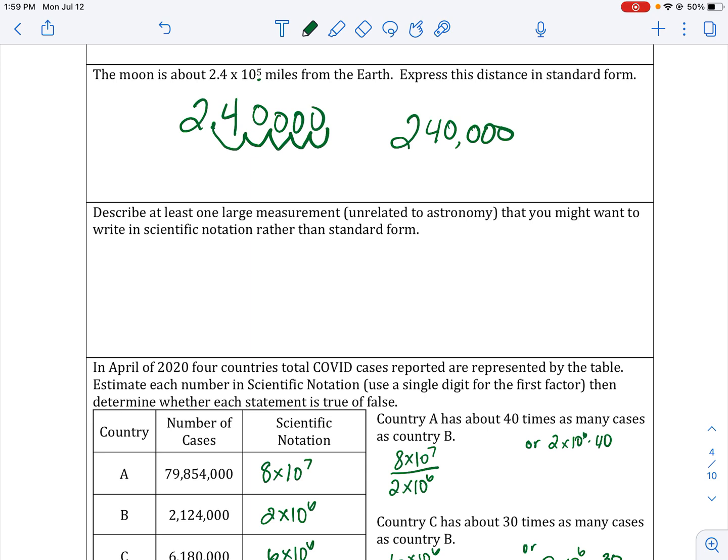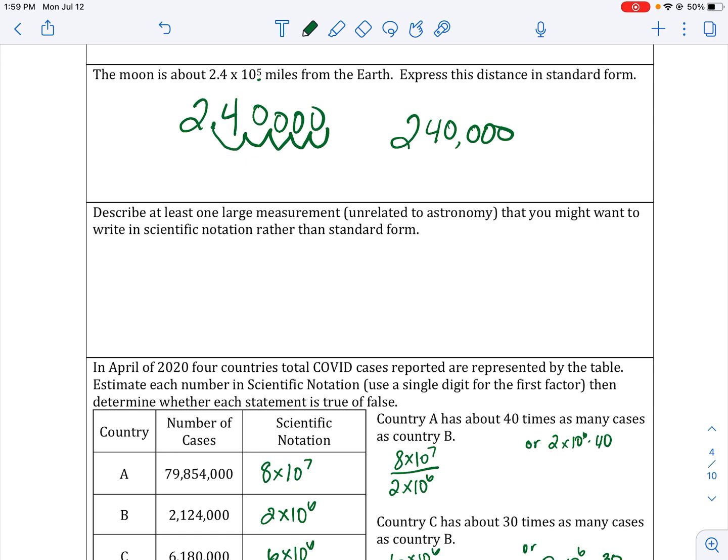So when we are describing something very large in scientific or standard form, something other than astronomy related, what I think of a lot of times are athletes, or really large contracts you'll see with TVs and cable channels, and the richest people in the world, so how much somebody's worth.